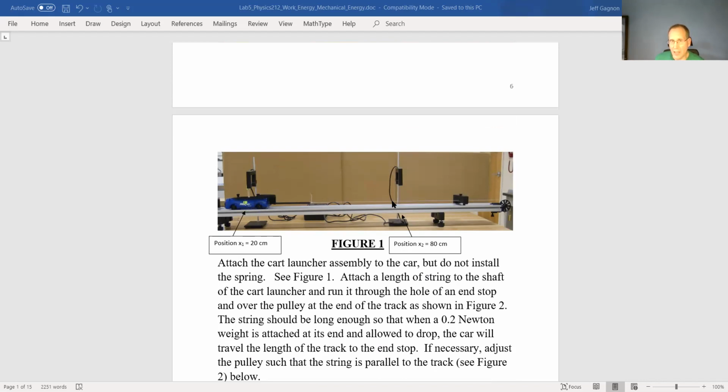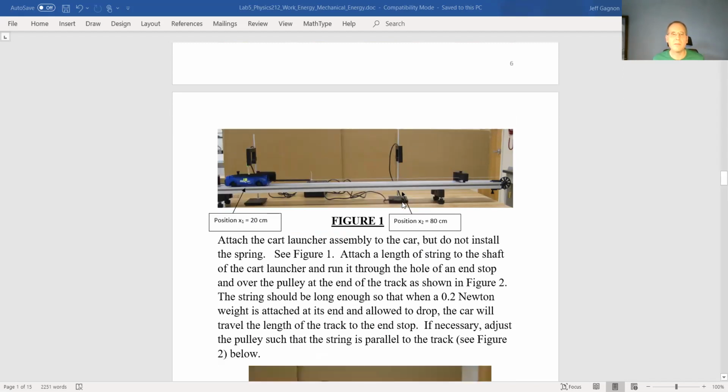It's just a horizontal track now. It undergoes a displacement of 0.6 meters, going from 20 centimeters to 80 centimeters. That's 60 centimeters, which is 0.6 meters. Ultimately, we want to calculate the work done by the net force as it undergoes that displacement of 0.6 meters.